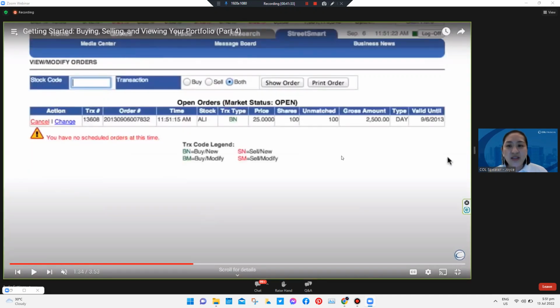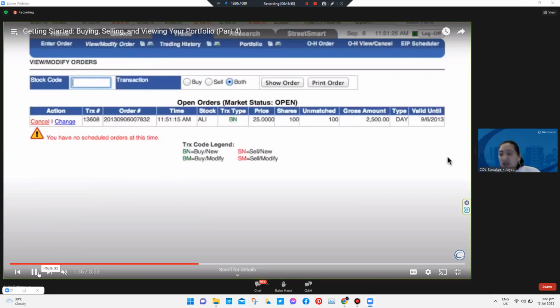As you can see, your Ayala Land buying order is still here. It's still waiting for a seller, because we put the price in a little bit too low. So we are actually waiting in line for a seller. That is why you can still see it at the view/modify order.